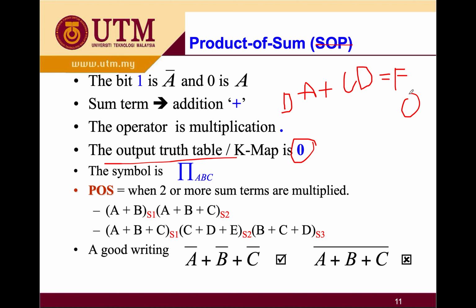But for SOP, the output will be 1. So anything true between here, you will get 0 for POS and 1 for SOP.